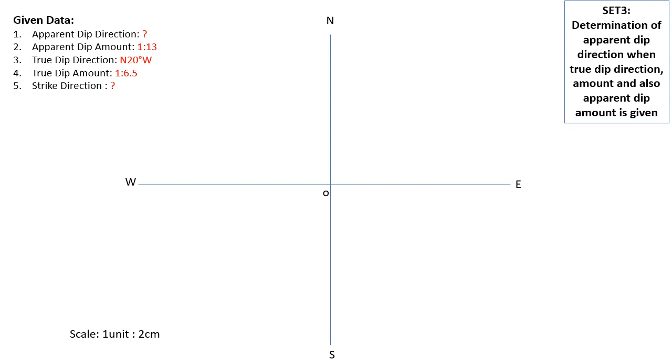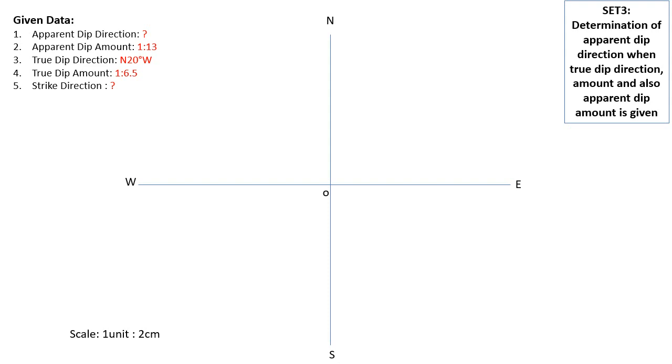So we will reduce the scale to half. When you reduce the scale to half, 13 becomes half of 13, which is 6.5, and half of 6.5 is 3.25. So we will solve the problem.